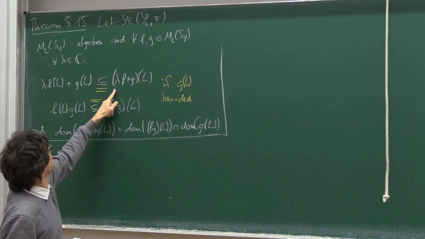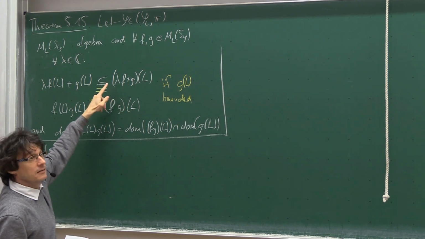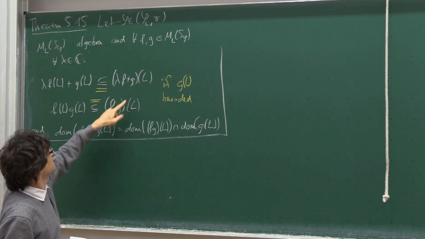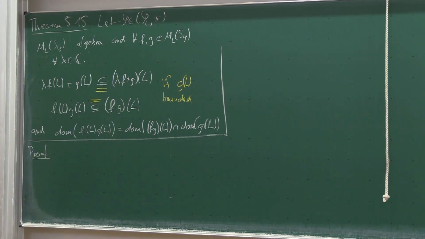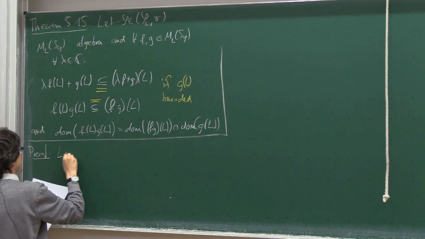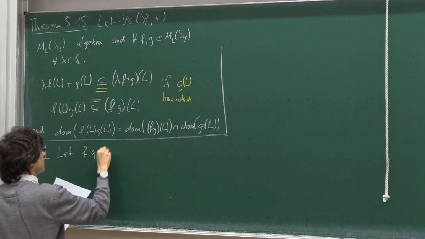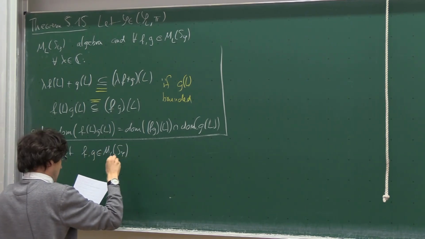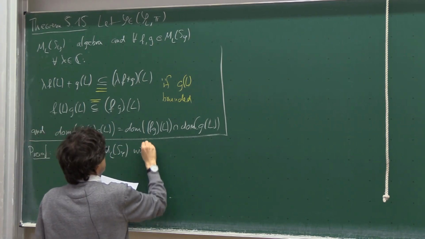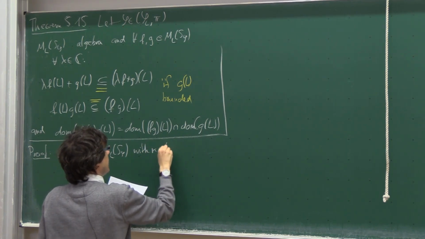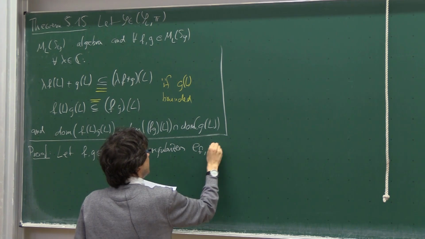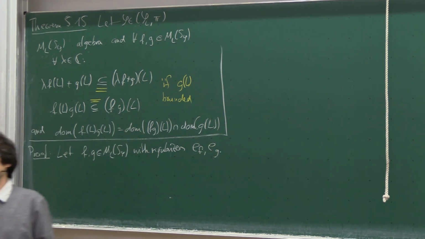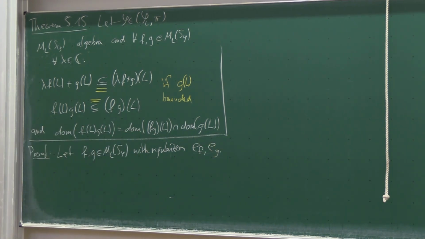We have to prove that if F and G are regularizable, then the linear combination and the product also are regularizable. So take two regularizable functions. They both come with regularizers, and I will denote these two regularizers by E_F and E_G, hoping that everyone understands E_F is the regularizer for F and E_G is a regularizer for G.